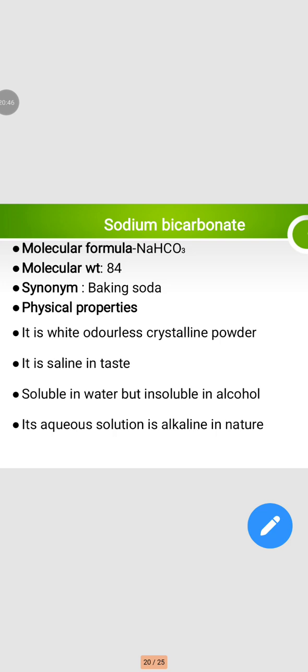Some physical properties. First one is white odorless crystalline powder. Second, it is saline in taste. Then it is soluble in water but insoluble in alcohol, for example ethanol, methanol. Its aqueous solution is alkaline in nature.